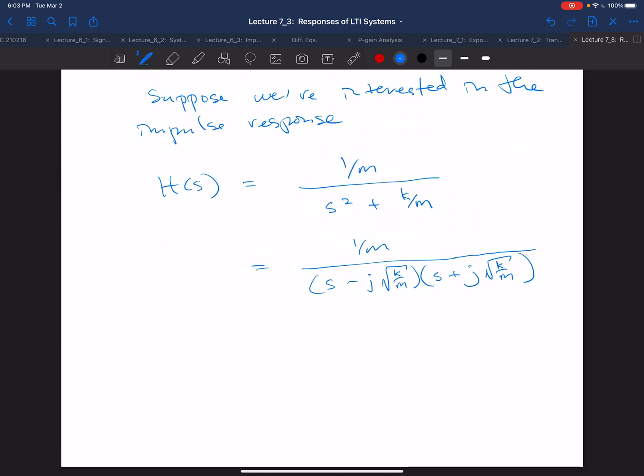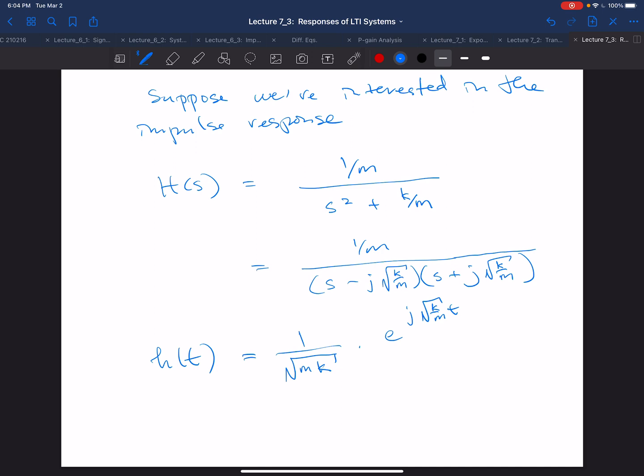Now we could do a partial fractions decomposition. If we skip that stage, you know that we're going to get exponentials that are going to have, in this case, imaginary exponents. In fact, we're going to get that h(t) equals 1 over the square root of mk times e to the power j times the square root of k over m t.